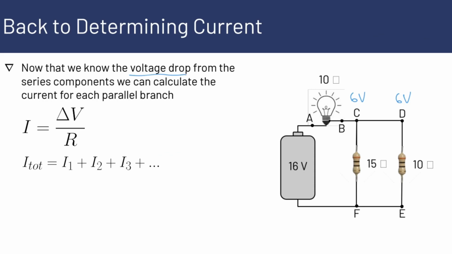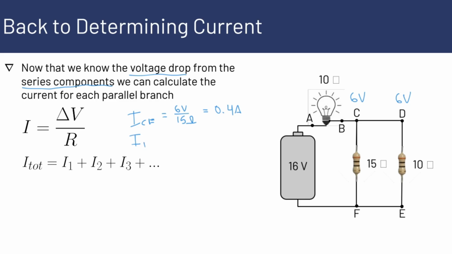So now that we know the voltage drop from the series components, we can calculate the current for each parallel branch. So we're going to use I equals delta V over R. If we figure out the current for C to F, that's going to equal delta V. In this case, we're looking for C to F. We're talking about 6 volts divided by the resistance, which is 15 ohms, which is going to be a current of 0.4 amps.